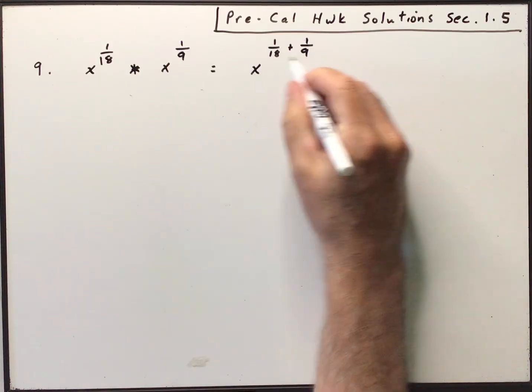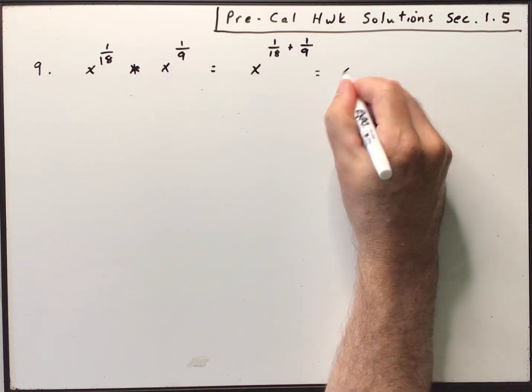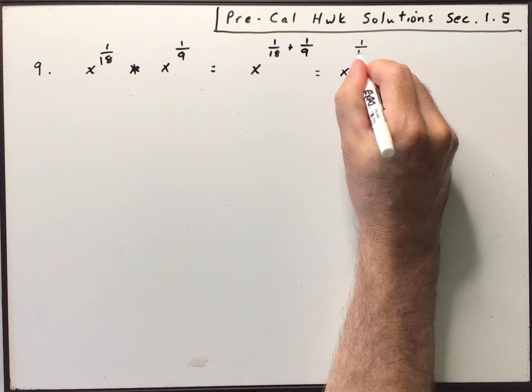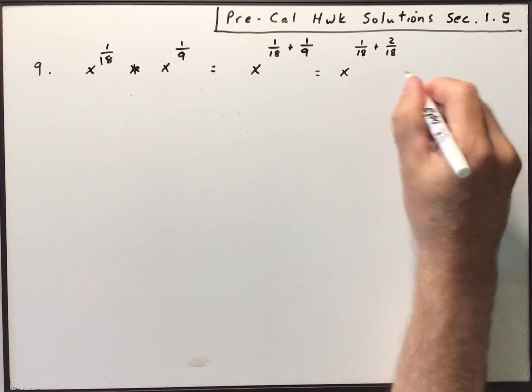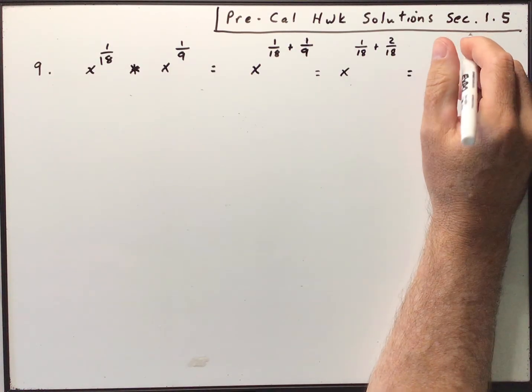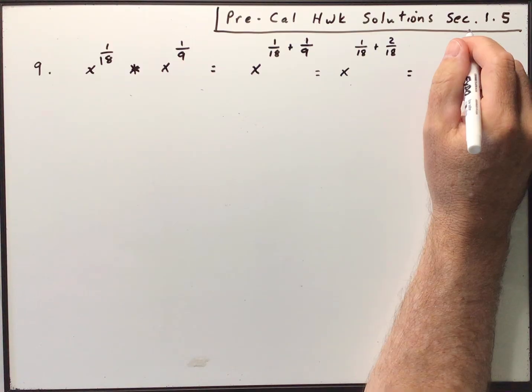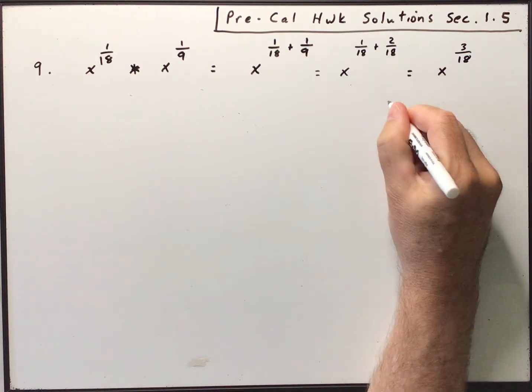To get 1/9 into 18ths, we will multiply by 2 over 2. So that's going to be x to the 1/18 plus 2/18. So that's x to the 3/18. And then you could simplify that.